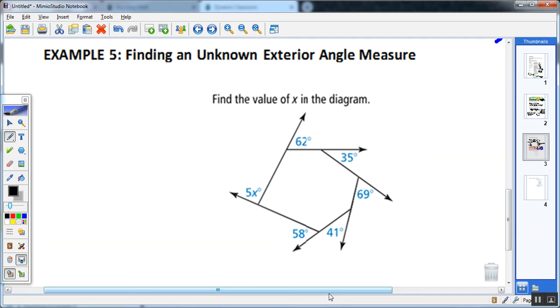Where'd you divide it? 24. That's fine. Hey, give me a show of hands when you think you have it.